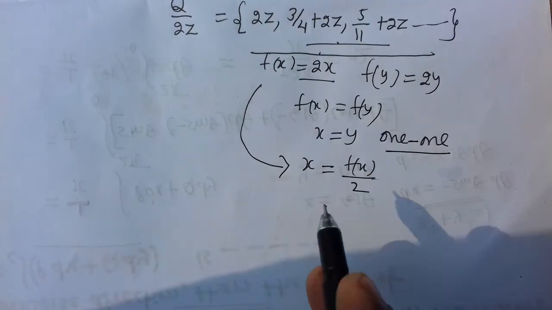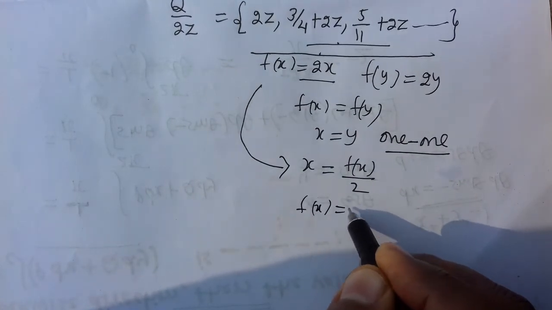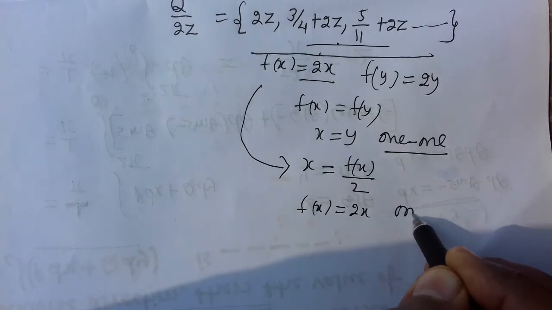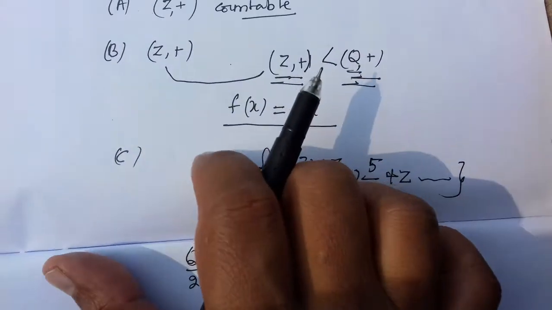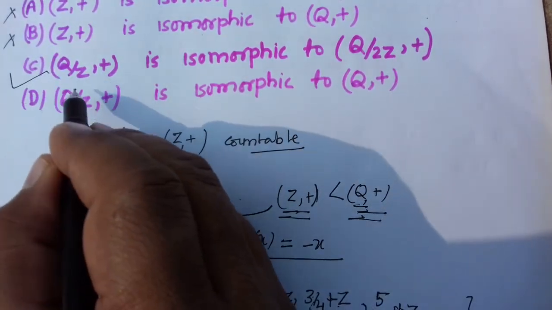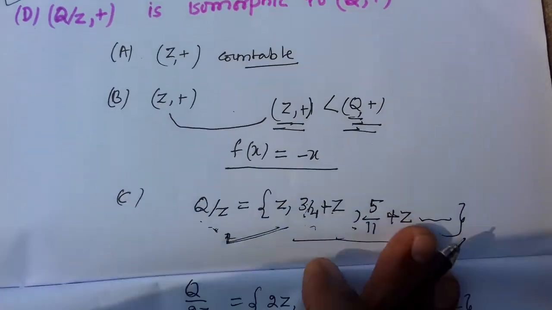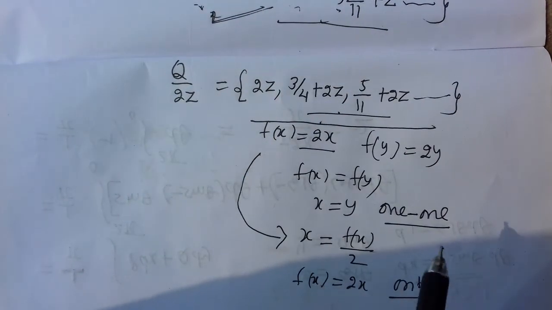This means that f(x) = 2x is onto. So you got one-one and onto. So option C is correct because Q by Z is isomorphic to Q by 2Z as I have shown here.